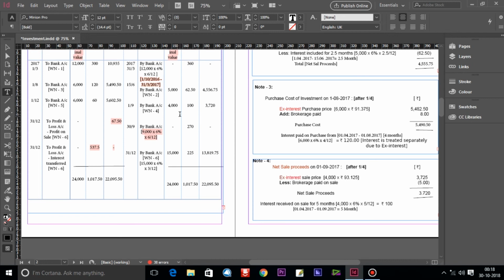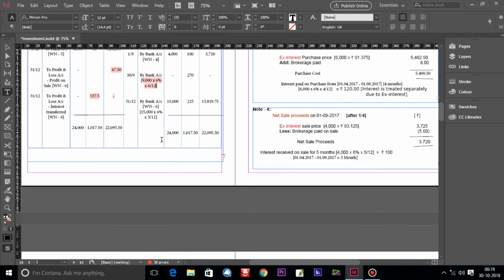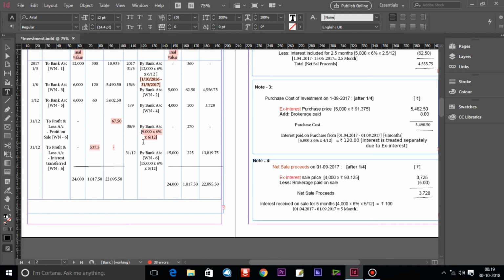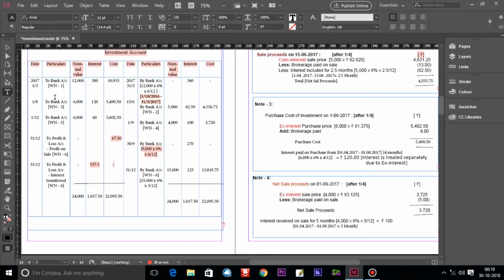Prepare, if you look at the question, prepare investment account for the year end date 31/12/2017. Therefore, the balance amount to be sold is rupees 15,000 bond, because you have to deduct rupees 9,000 from 24,000. We got the amount 15,000.